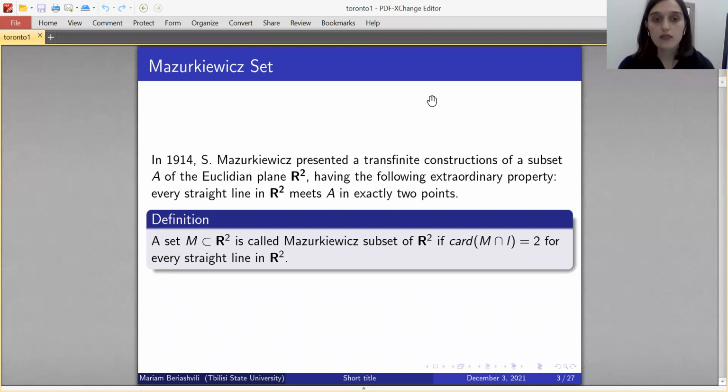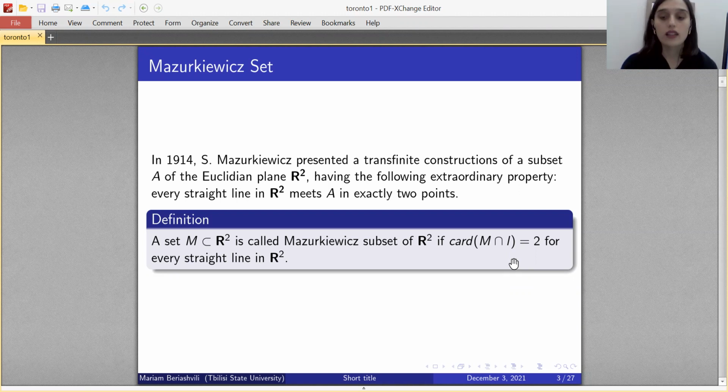A set M is called a Mazurkiewicz subset of the plane if the cardinality of M intersect L is equal to 2 for every L, where L means every straight line in the plane. It is a very strange object: by intuition, there exists a set in the plane which meets every straight line in exactly 2 points.